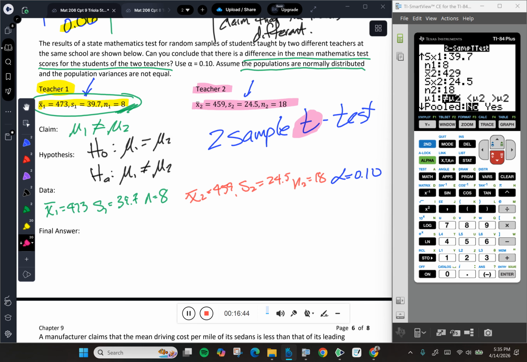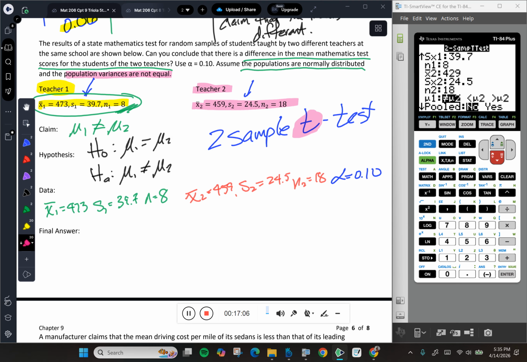The way we determine that is based on this statement right here. If the variances are assumed to be equal, then we pool the data. If the variances are assumed to be not equal, we do not pool the data.